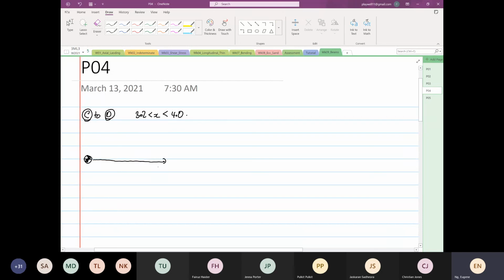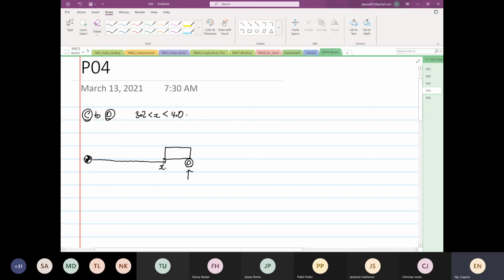This is my x distance, this is where my slider is, and this is where my point D is. Hold on, I have to draw this correctly. I just drew something wrong. So this is the system we're going to take.